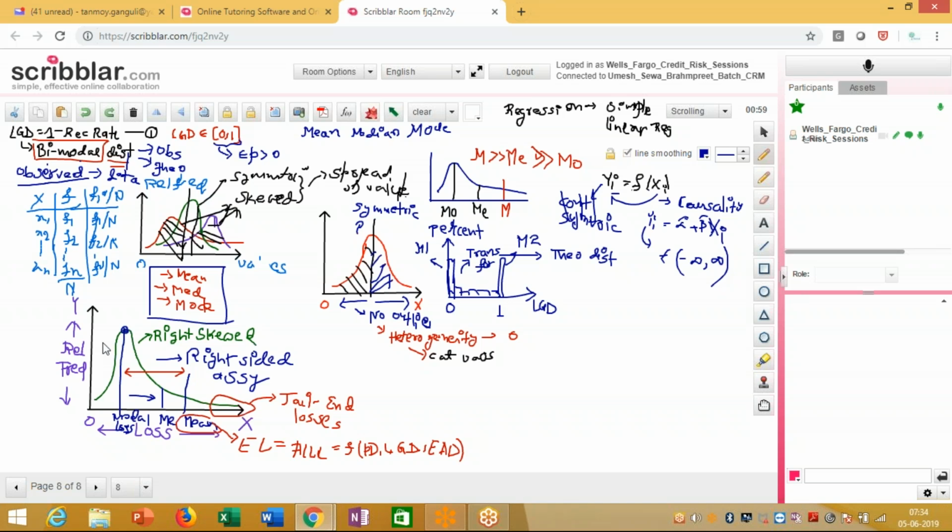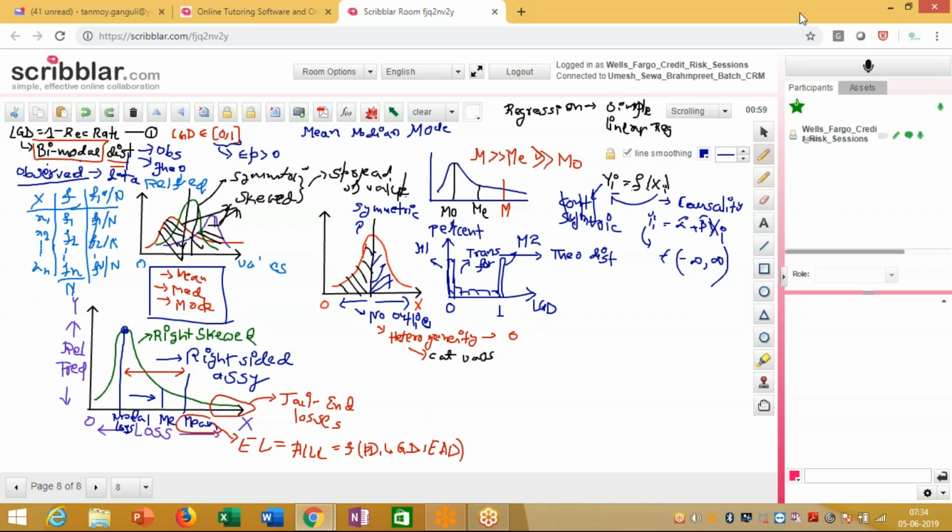Now, given these two, the first thing that we are concerned about is that in this LGD distribution, I get to see a bimodal distribution. How do I work with it? The way to do this is to convert this dichotomy, this bimodal variable, into a variable where the bimodality does not exist.